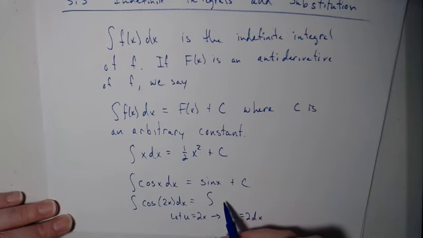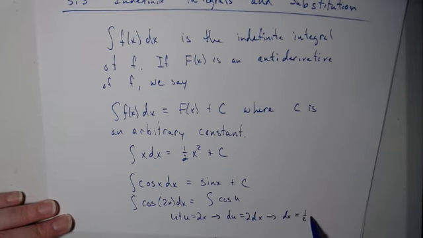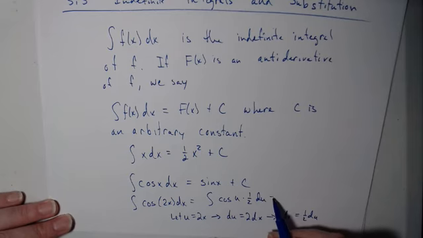And so if I plug this in, I get cosine of u, and then dx is actually 1/2 du, so times 1/2 du, and so that's 1/2 sine u plus a constant.